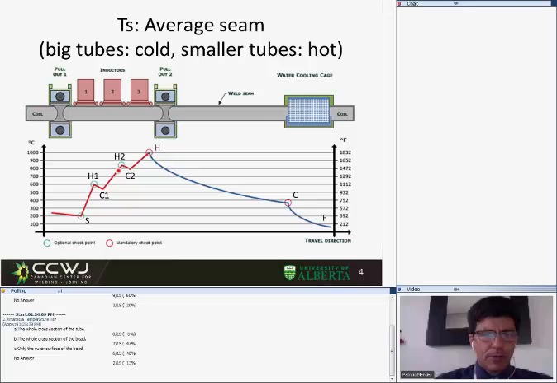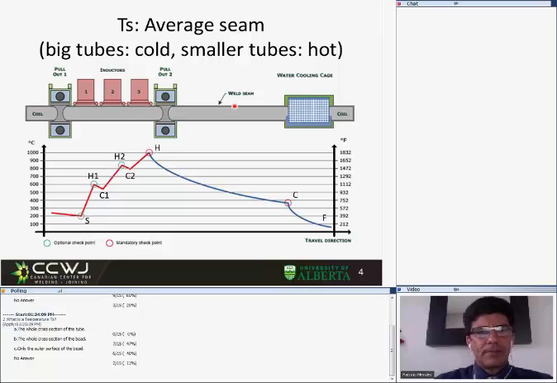I do agree that it is very sensitive. I had seen that myself, and I will tell you why it is sensitive. When you're in the air cooling stage, the heat goes out of the seam and out into the rest of the tube. So if the tube is cold, the heat moves faster away from the seam.